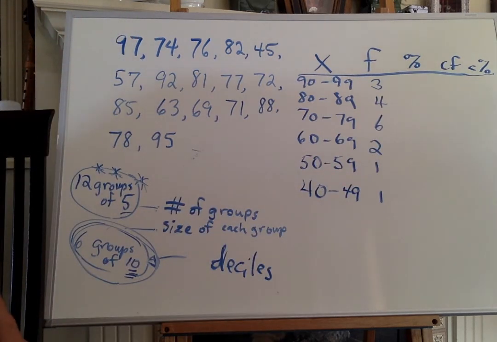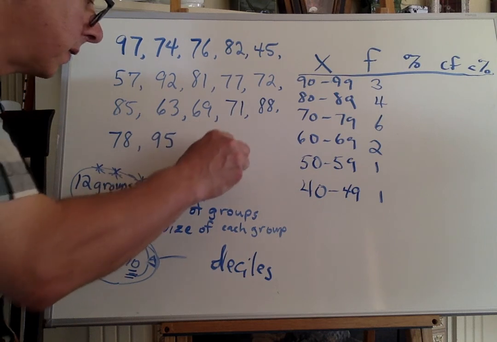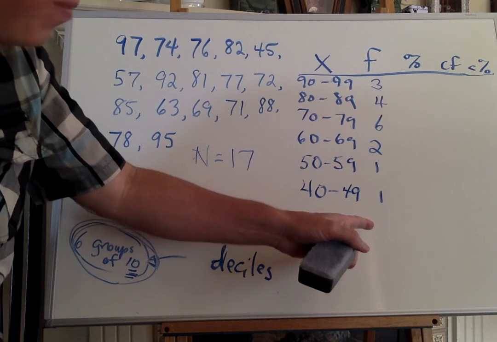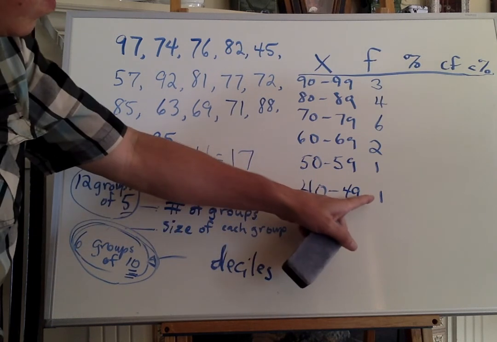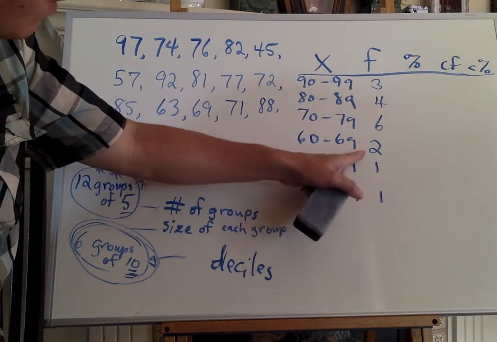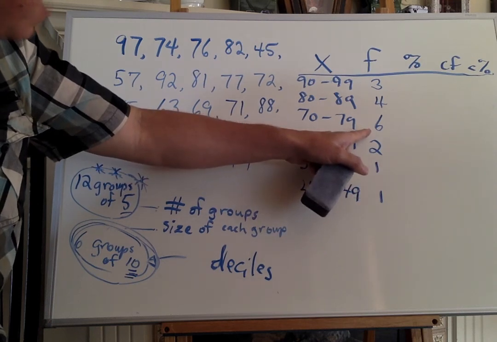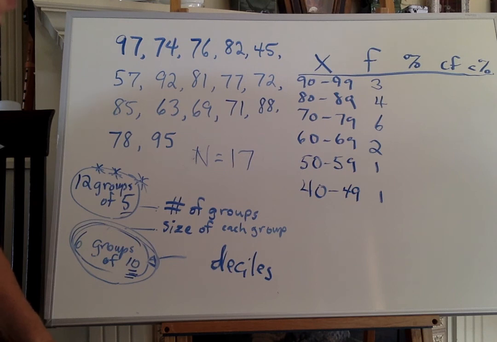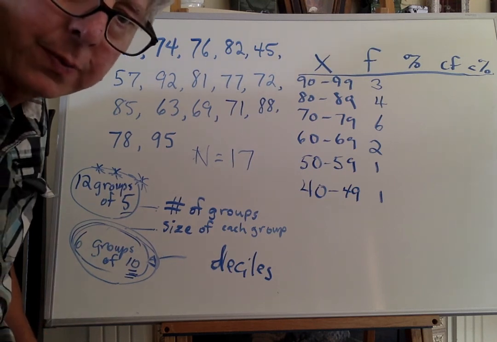Now, have I made a mistake? Well, I know my N is 17. The frequency column should add up to 17 then, right? 1, 2, and 4, 6 is 10, 14, 17. Okay? So I think I'm good to go.